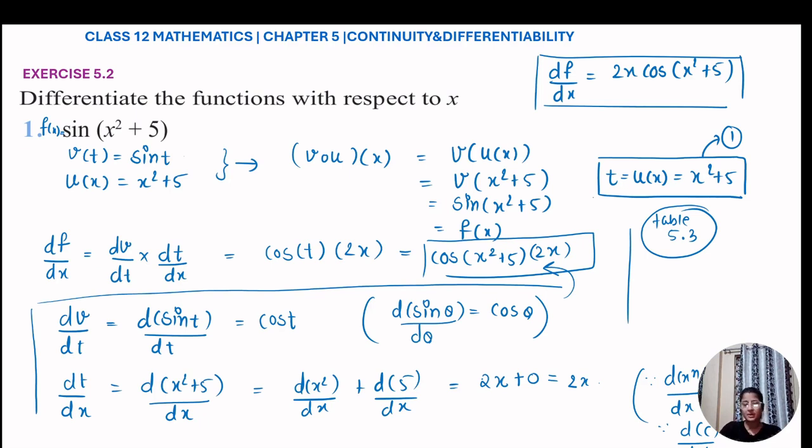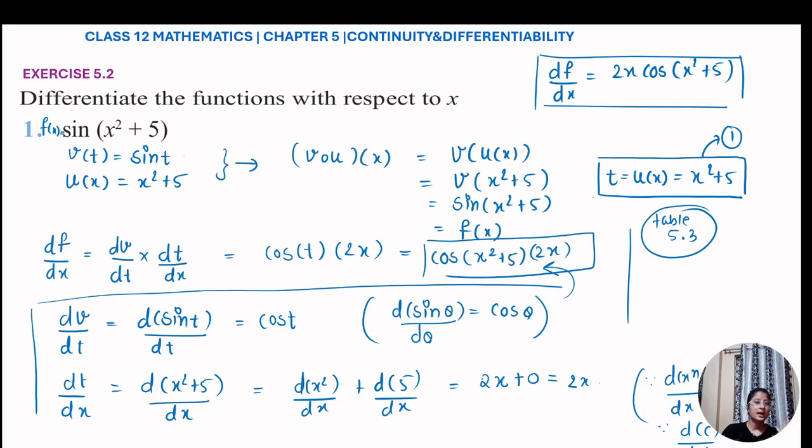In differentiability, you can only have two types of questions: finding the differentiation of a function, or finding the differentiation of the function at a particular point. Here, this is the first case, when you have to find the differentiation of a function. You can easily get at least one question in your board. As you can see in the previous 2025 board or 2026 board, you always have at least one question of differentiability.